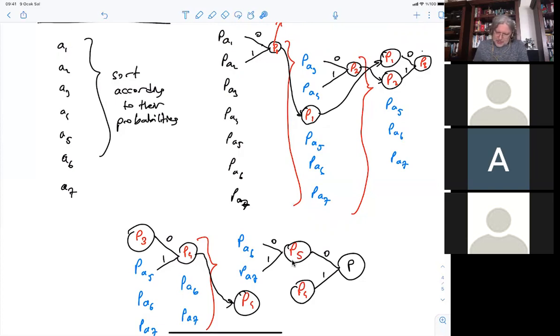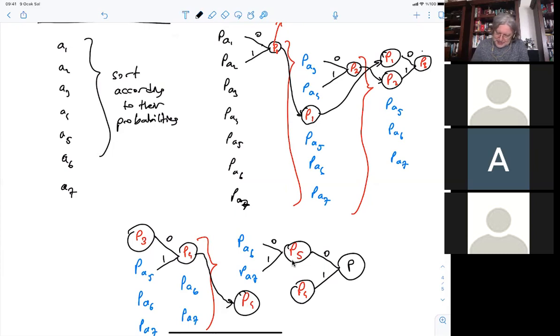For A1, it continues as P1 and then P3 to P4. So it is in P4. P4 from P starts with a 1, and then P4 to P3, it's a 0. So first one is 1.